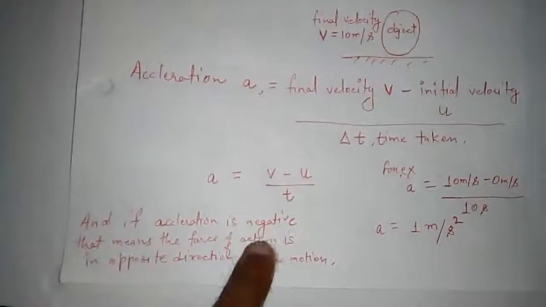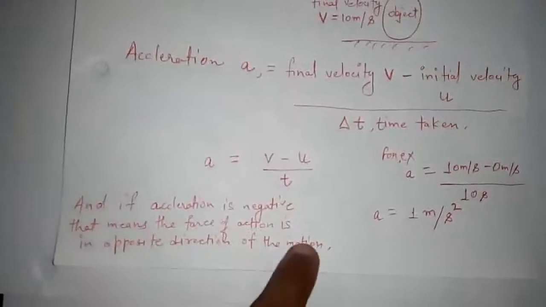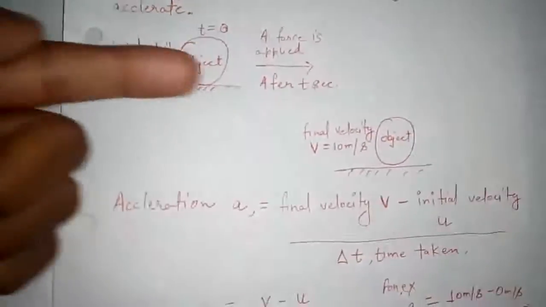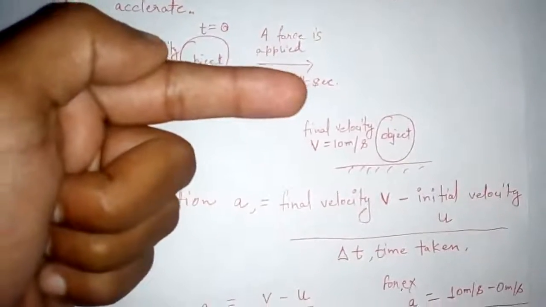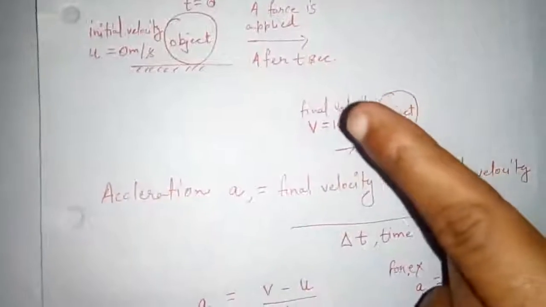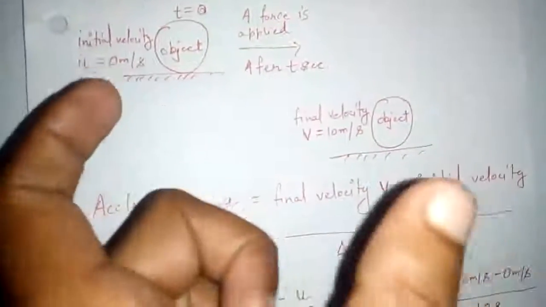If the acceleration is negative, that means the force of action is in the opposite direction of the motion. So this object was already moving in this direction with a speed of 20 meters per second, and the force applied on this object was in the opposite direction. That is the reason it slowed down.